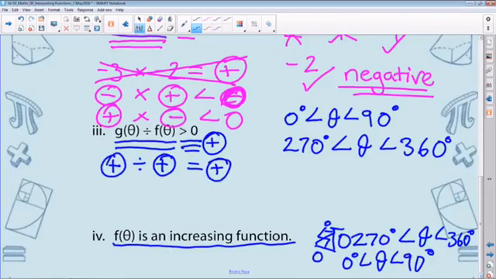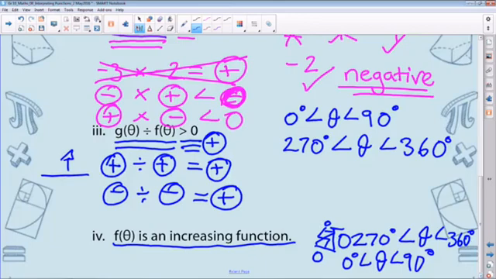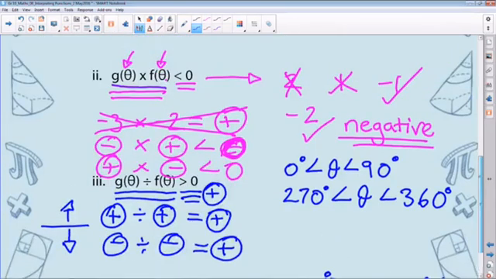And if we divide a negative number by a negative number, we're going to get a positive answer. Which means we need both of the functions to either be above the x-axis or both of them to be below the x-axis. In fact, it's the exact opposite of this question above.